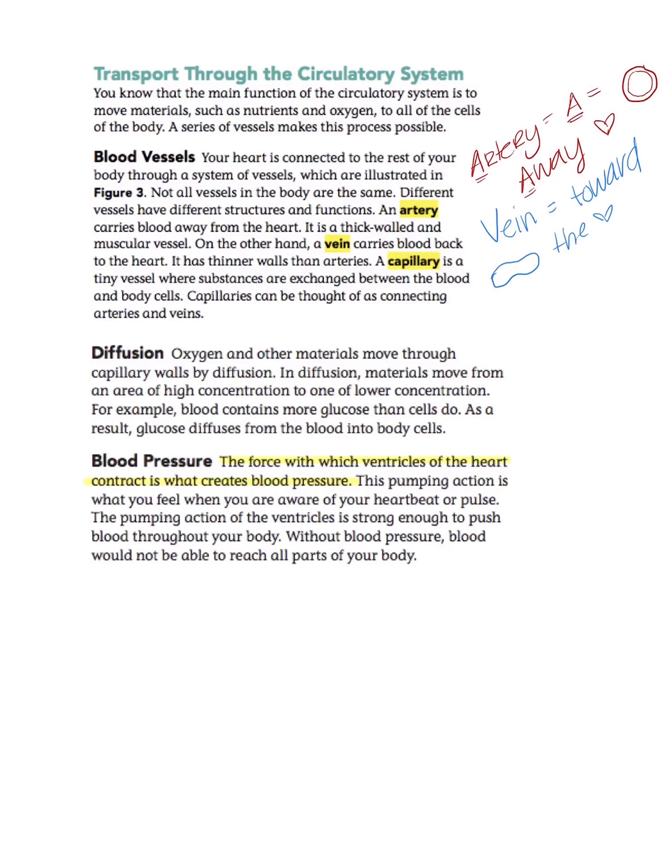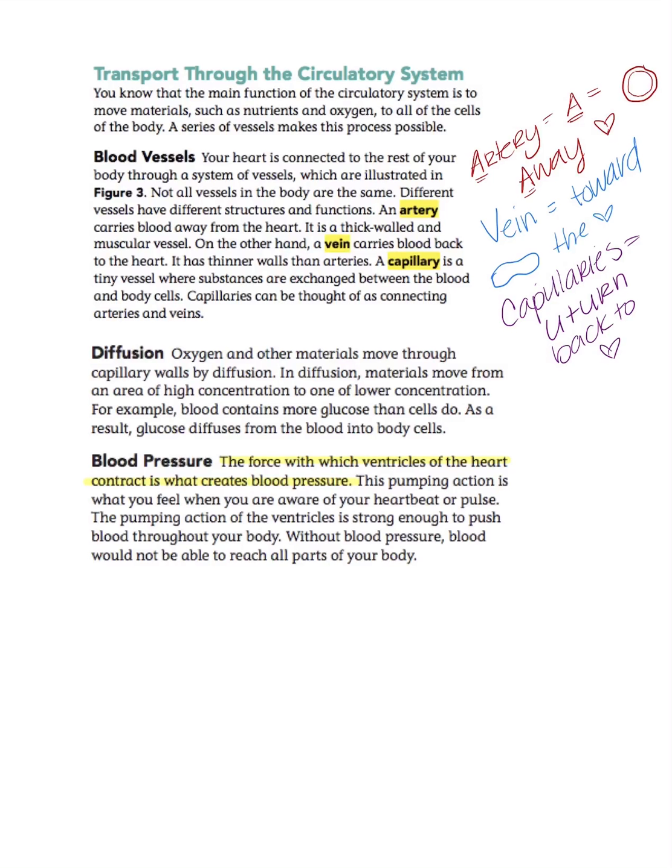And then I have my capillaries. I draw them in purple because I like to consider capillaries a mix of blood. This is where you exchange the deoxygenated blood and oxygenated blood, or you turn it back to the heart.